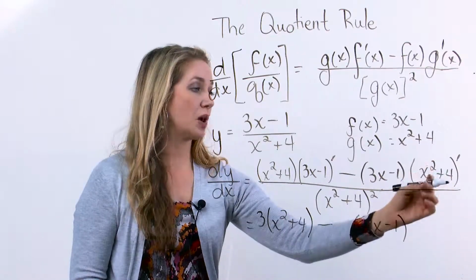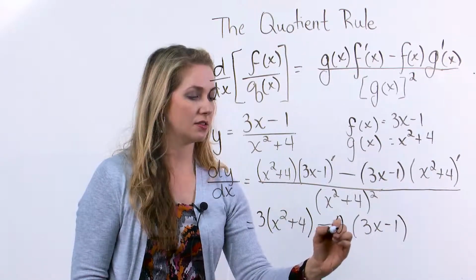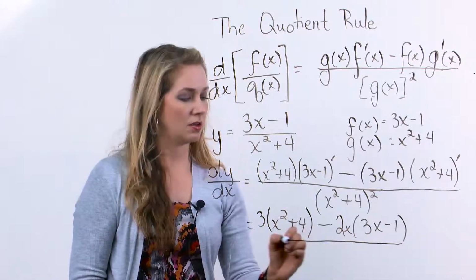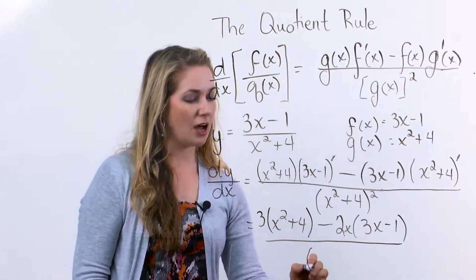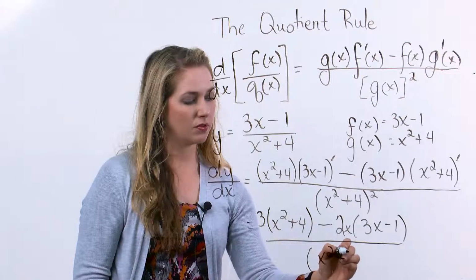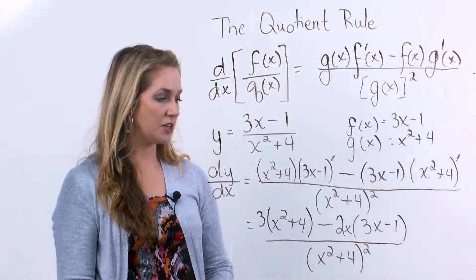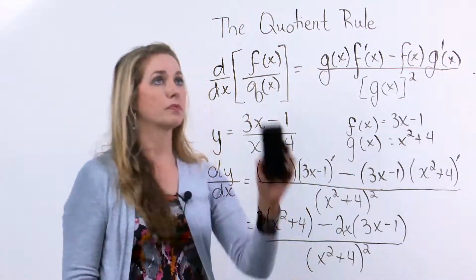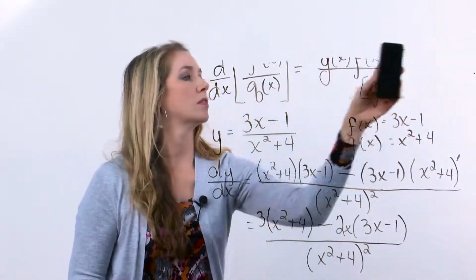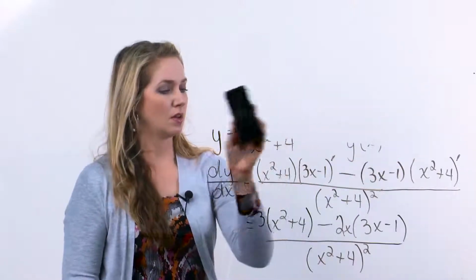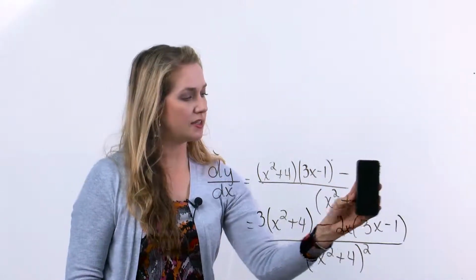The derivative of x squared plus 4 is a 2x. And in the denominator, I need to make sure that the denominator is being squared.